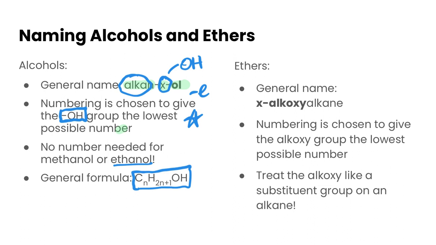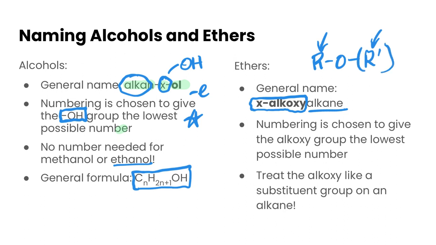Ethers have the functional group where they have an alkyl group attached to an oxygen attached to another alkyl group. Their general name is given as X-alkoxy, and then the alkane. For example, if the R prime is the longest chain, you would take that name as the alkane, and then the alkoxy becomes this alkyl group plus the oxygen.